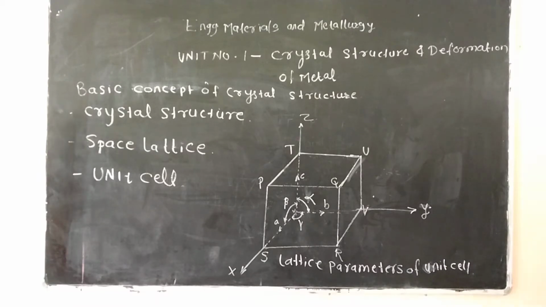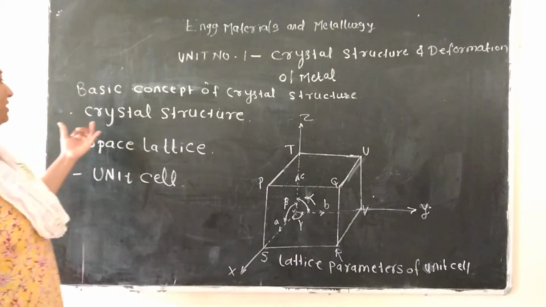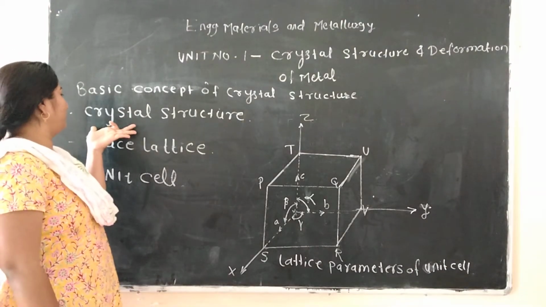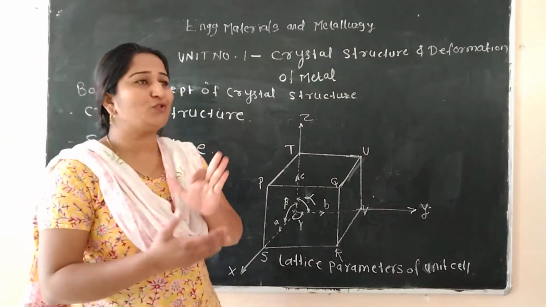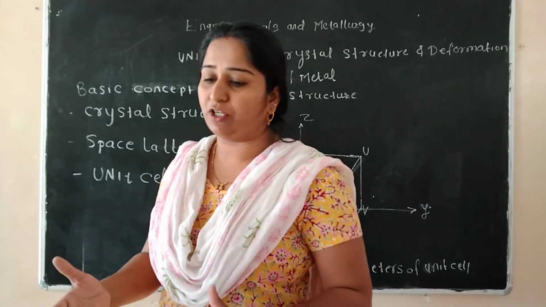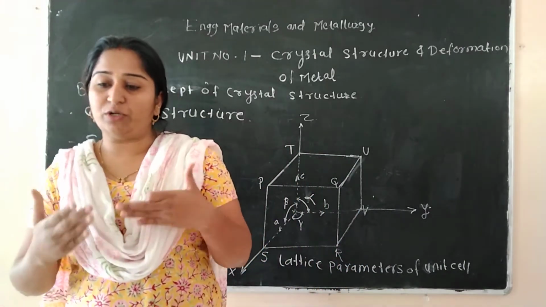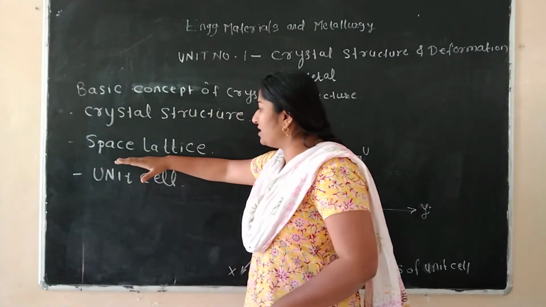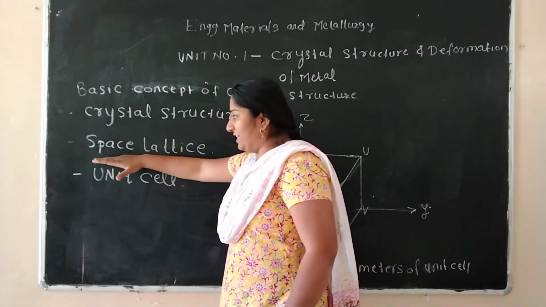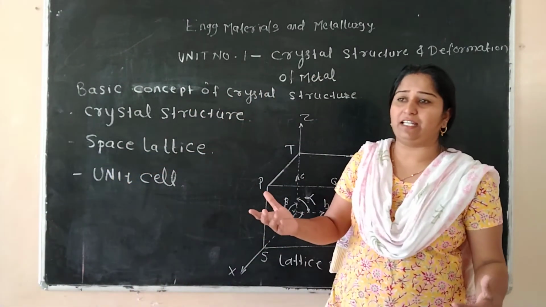Okay, friends, while dealing with the definition of crystal structure, we used one word, that many unit cells are repeated in a space. Now the next topic is the space lattice. What exactly is it?